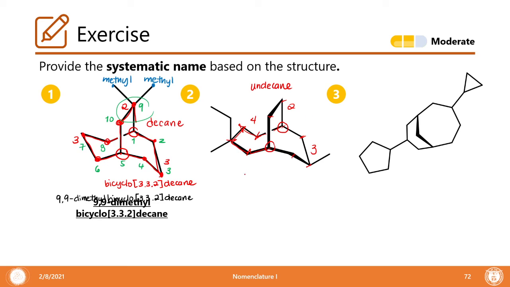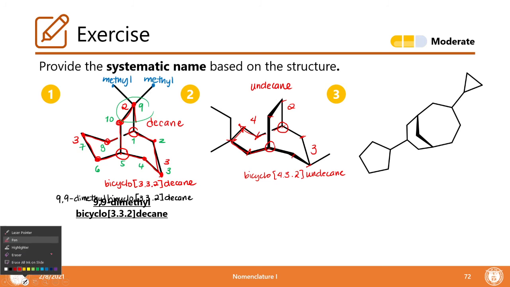So our parent name is bicyclo 4, 3, 2 undecane. And then it is followed by our substituents. So let's first name our substituents before anything. We have an ethyl group here, we have a methyl group here, and we have a methyl group here.